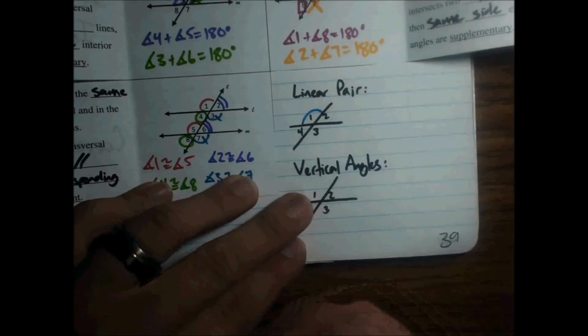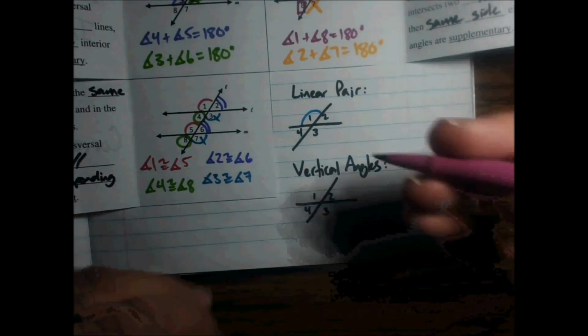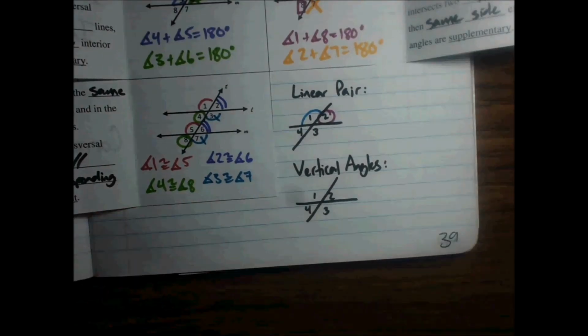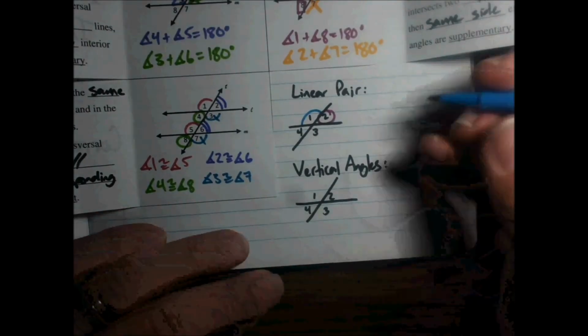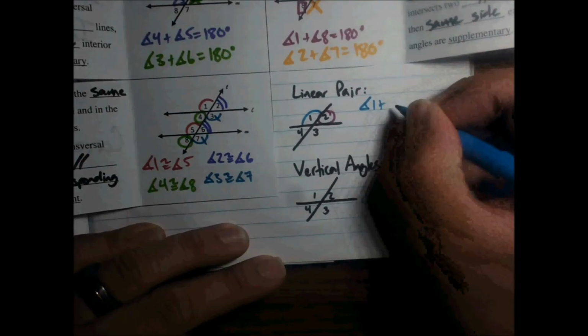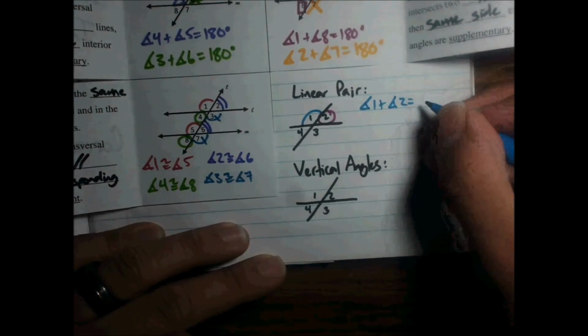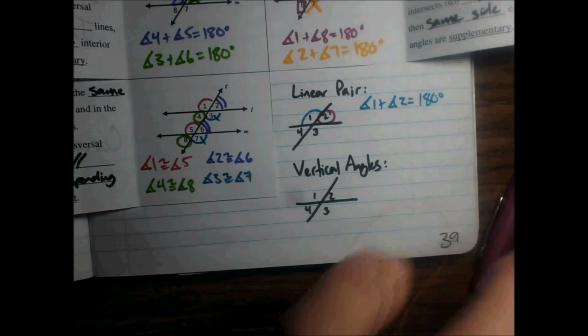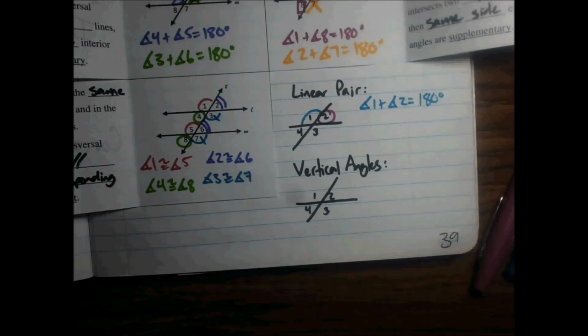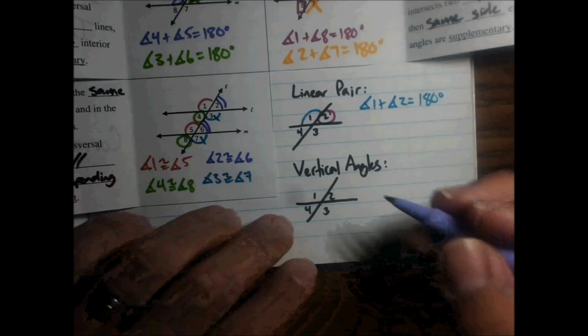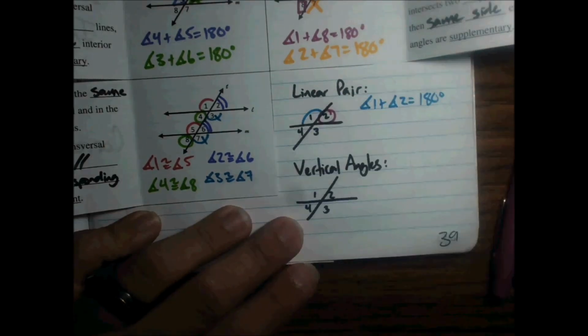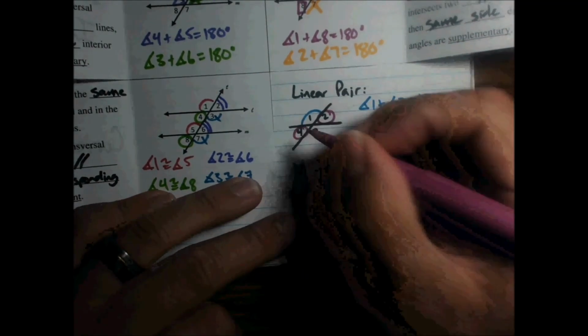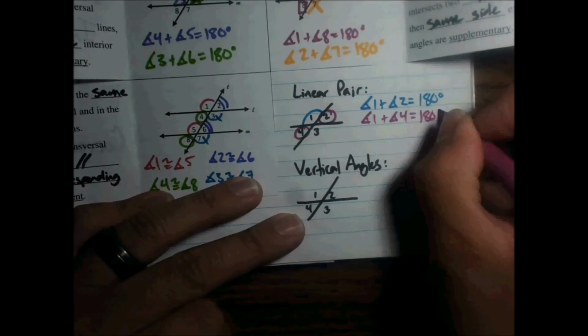Whereas you can also have angle 1 and like angle 4, as long as they make a straight line, because you're looking for those straight lines, right? Because that's what linear pairs are. They're next to each other, they make a straight line, all that kind of stuff.